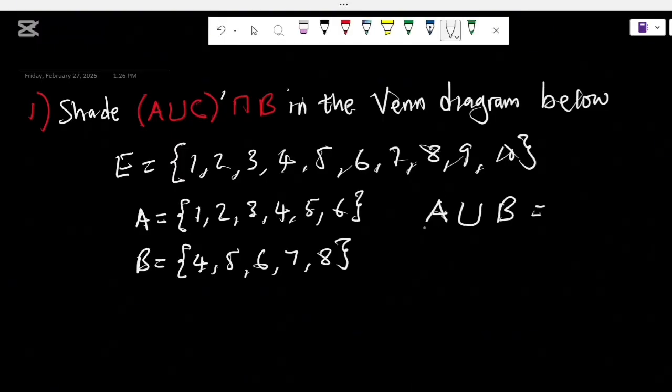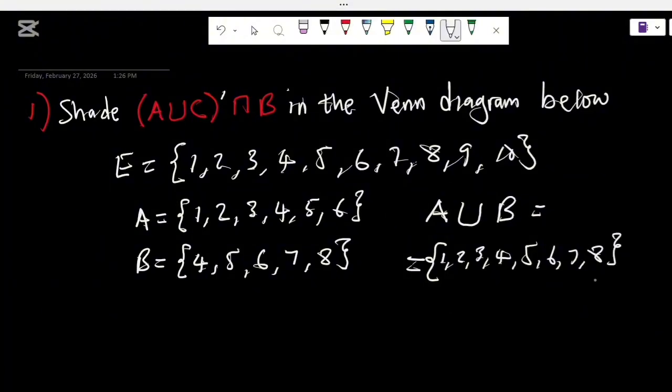So if you are asked to write the elements of set A union B, what you're going to say is that this is going to be all the elements in set A and all the elements in set B. So you're going to have 1, 2, 3, 4, 5, 6, 7, 8.